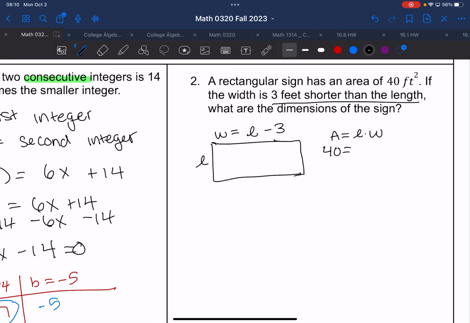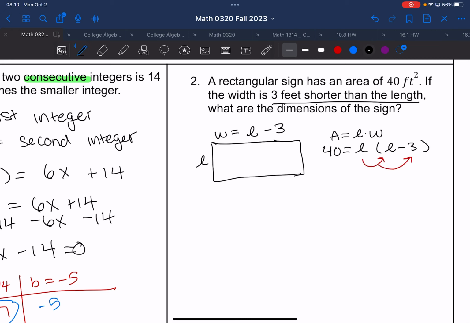So now I have my width and my length, so I can plug those into my equation of area equals length times width. So we know length is just represented by that L, but width is represented by L minus 3. So now we're going to simplify this equation. By doing that, we're going to do what with the L that's on the outside? Distribute.